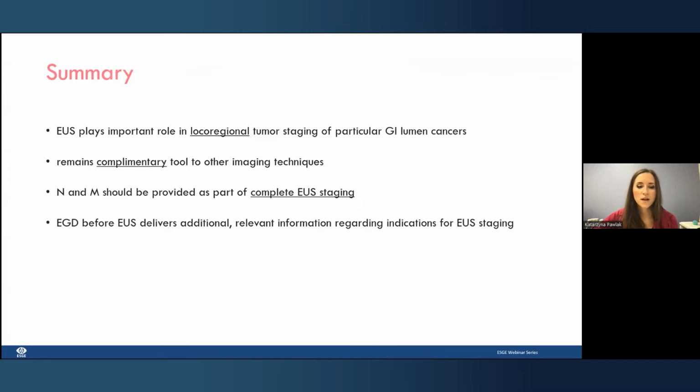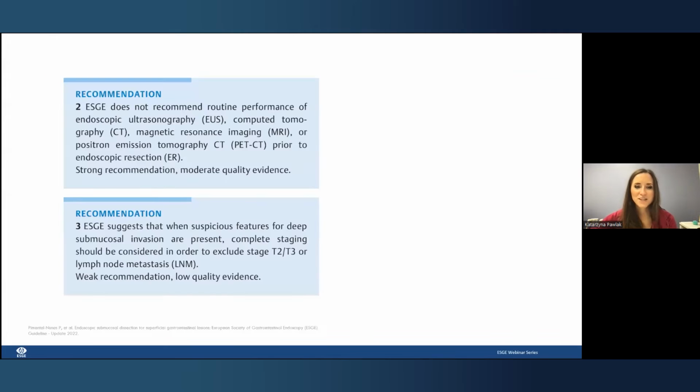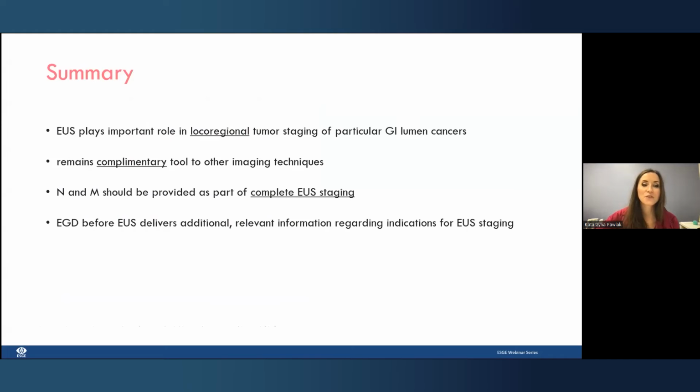Okay, so with the end of this lecture, I will ask Paris and Professor van der Merwe, but I would like to give you a summary of this presentation: EUS still is important in terms of local regional tumor staging assessment for particular GI lumen cancers, and remains a complementary tool to other imaging techniques.